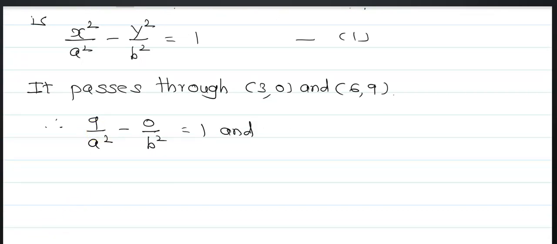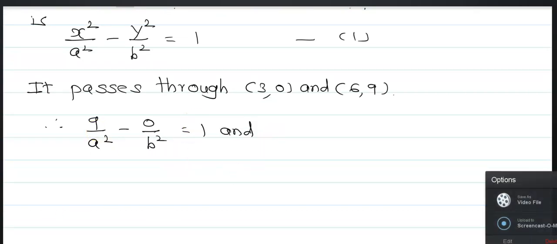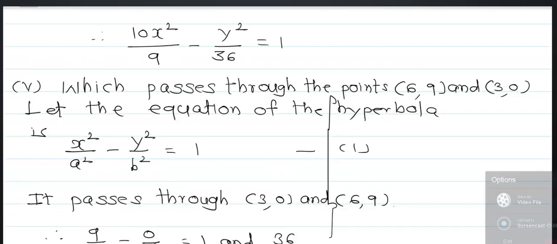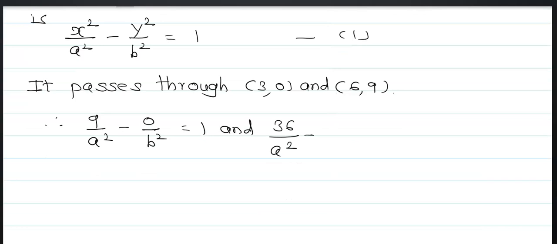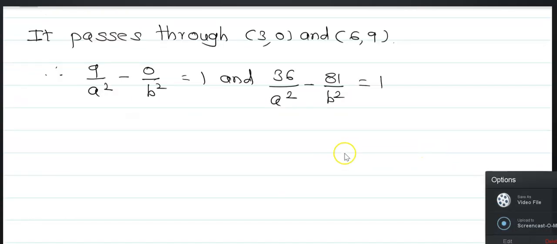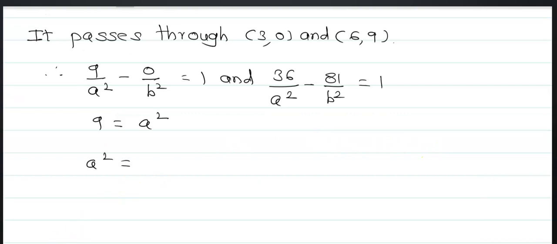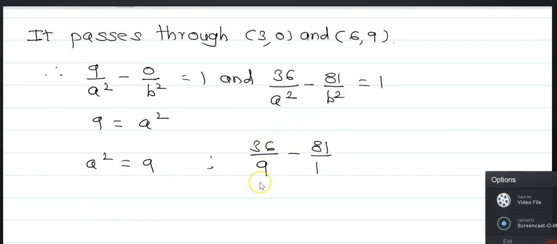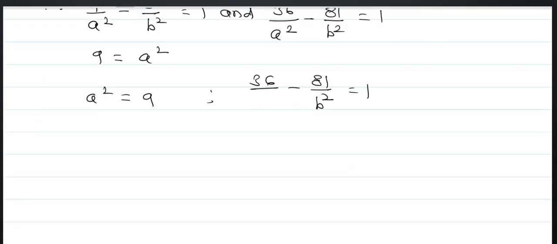9 upon a square minus 0 upon b square equals 1, so a square equals 9. And 36 upon a square minus 81 upon b square equals 1, that is 36 upon 9 minus 81 upon b square equals 1.